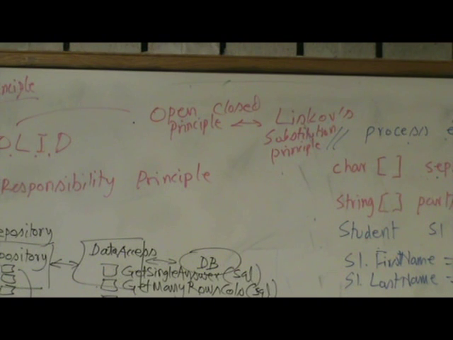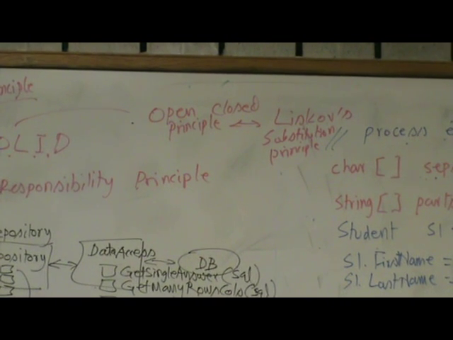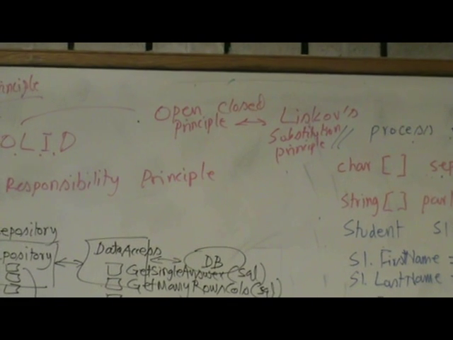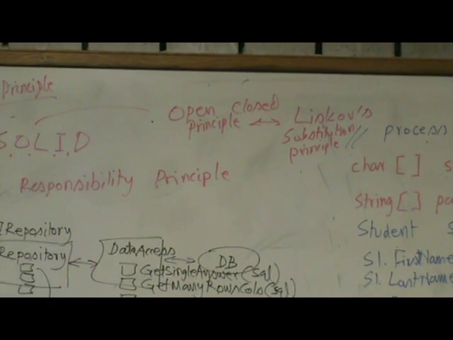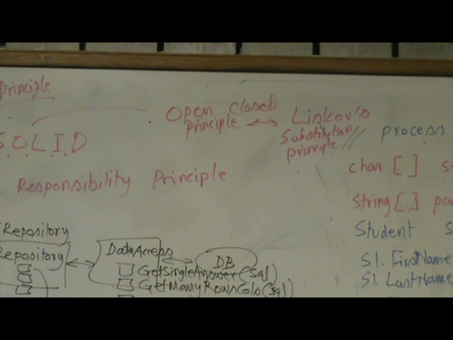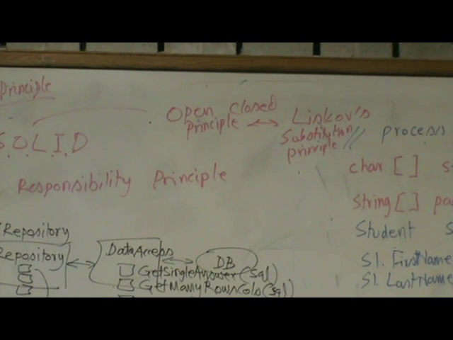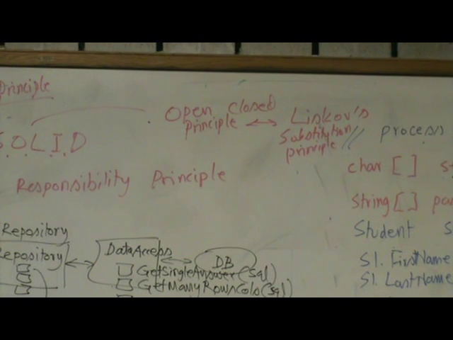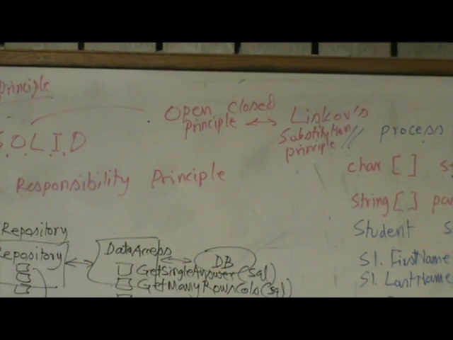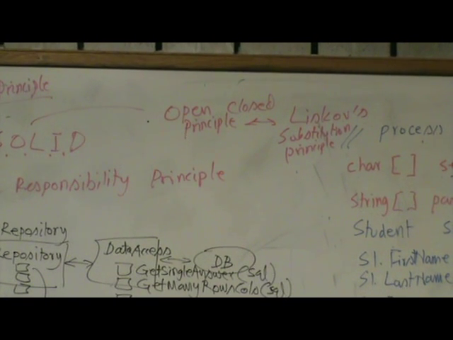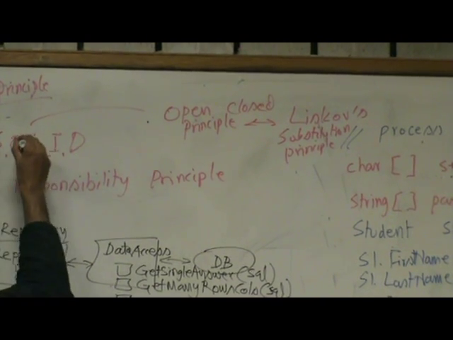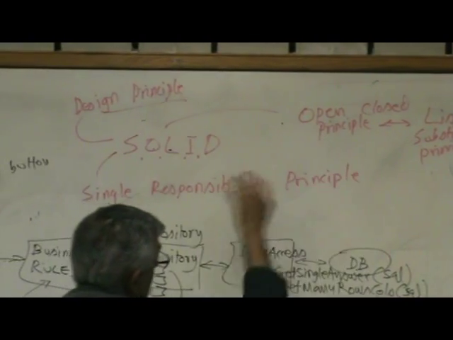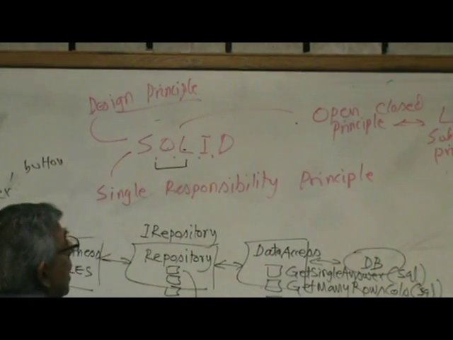So already once we created the generic method, what was the name of our generic method? Get data list or something, anyway. Once we wrote that, that was already following the open-close principle or Liskov substitution principle, right? Okay, so O is the open-close principle, L is the Liskov substitution principle, so they go together.